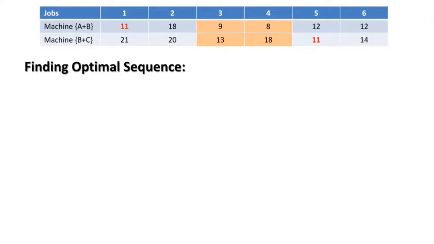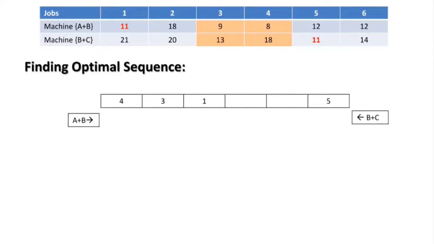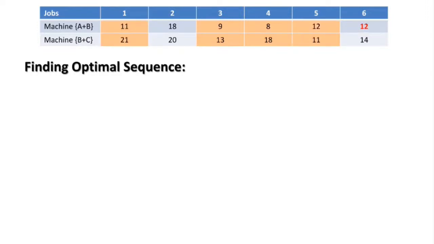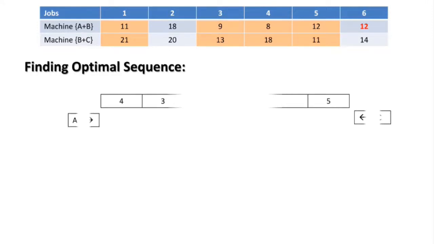So 1 will be assigned to A plus B, and then 5 will be assigned to B plus C as shown in the table below. Thereafter those 2 will also be eliminated. Then 12 will be the minimum value, which is for job 6, and which will be assigned to machine A plus B as shown.